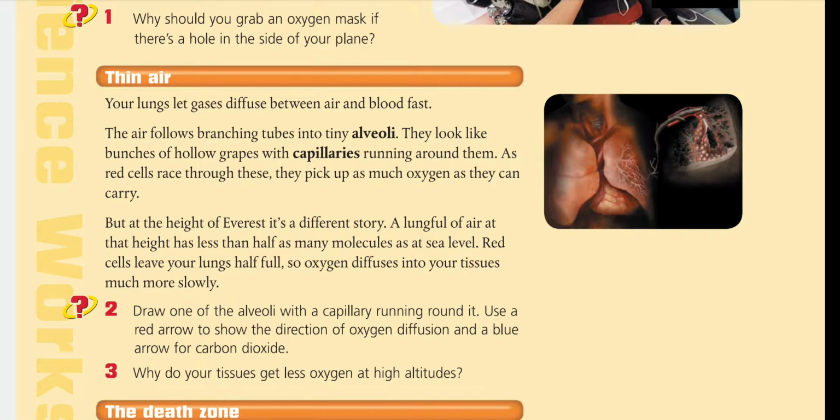Again, the amount of red cells becomes less than half, like the lung is only half filled with these cells. So the oxygen diffuses into your tissue much more slowly, which means the gas exchange is not working well, and the energy you need to keep moving, exercise and do any kind of work also becomes less.